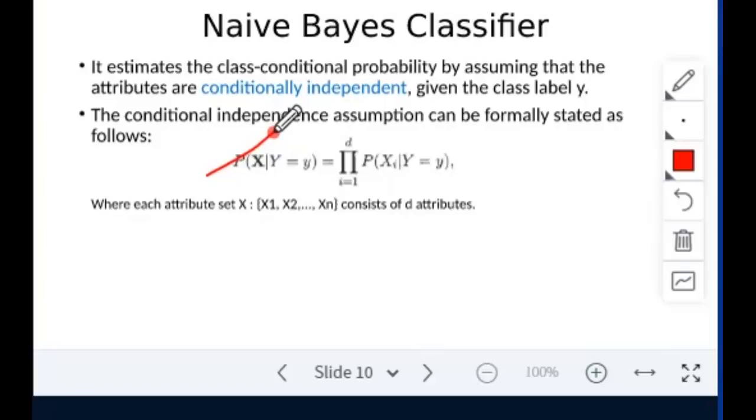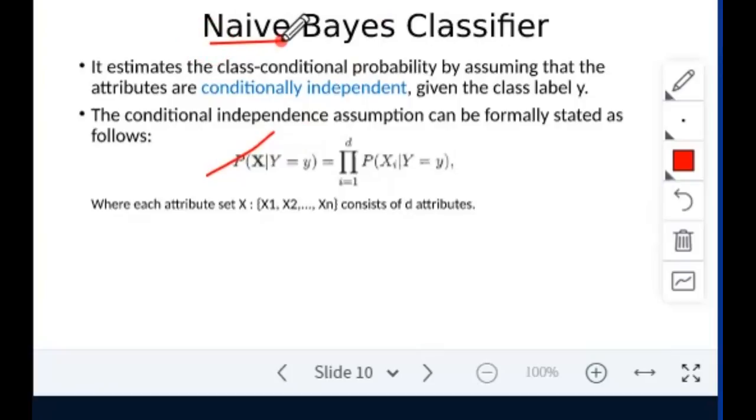For example, a fruit may be considered to be an apple if it is red, round in shape, and about 3 inches in diameter. These are the features to classify the fruit as an apple. Even if these features depend on each other or upon the existence of other features, all of these properties independently contribute to the probability that this fruit is an apple, and that is why it is known as naive.